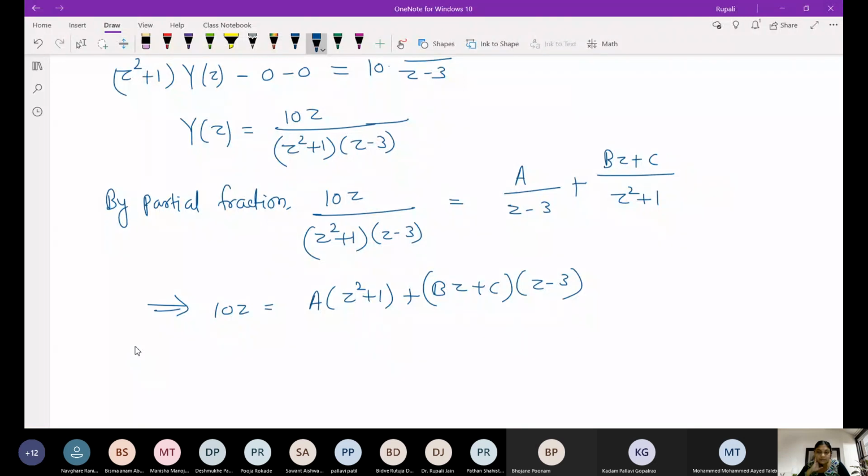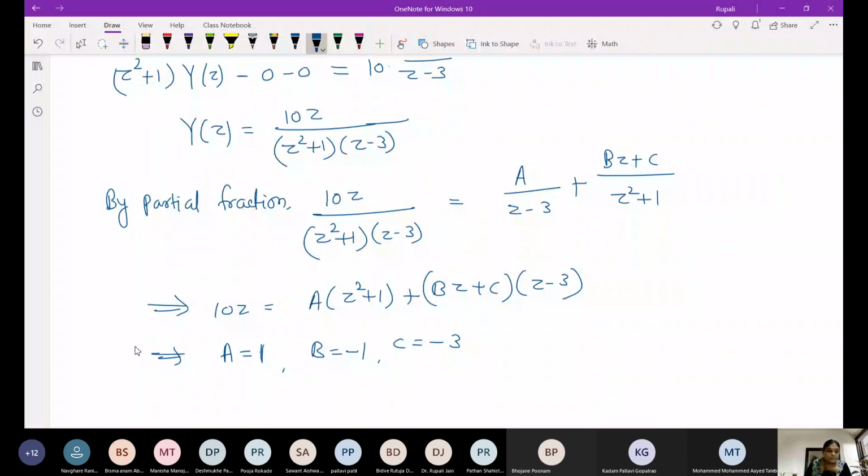A is 1, B is minus 1, and C is minus 3. Yes.